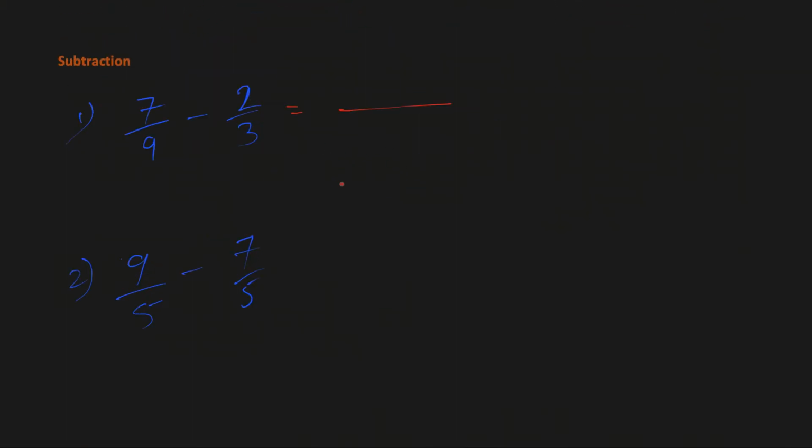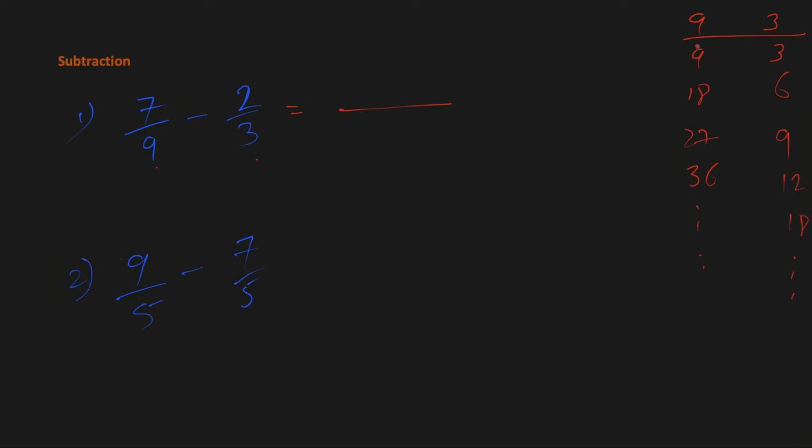And let's look at an example here. Again, I will use the first method. So find a number that's present in 9's table and also 3's table. If I write the 9's table and 3's table, it's 9, 18, 27, 36, and so on, and then 3, 6, 9, 12, 18, and so on.